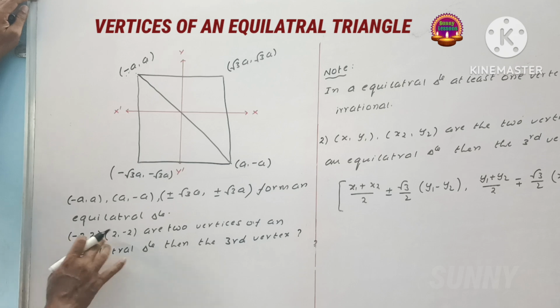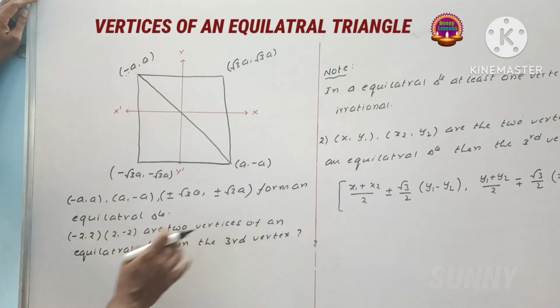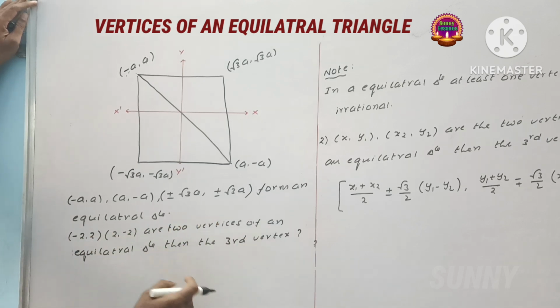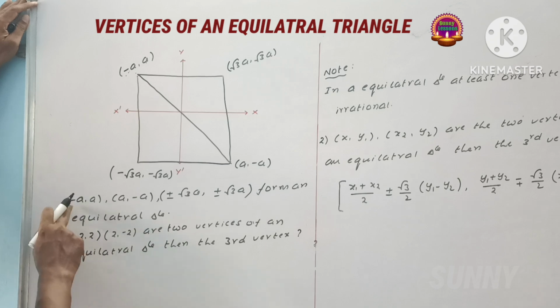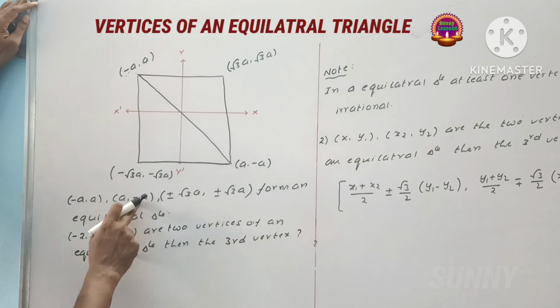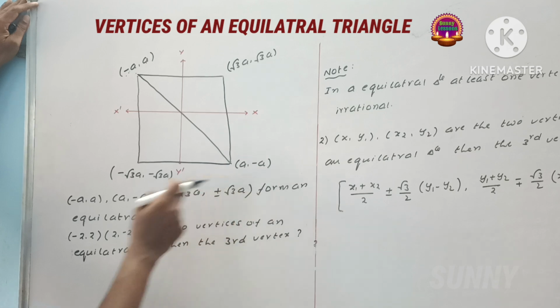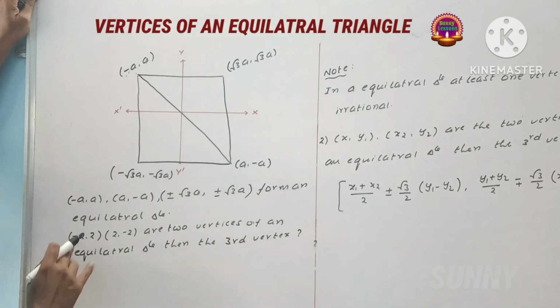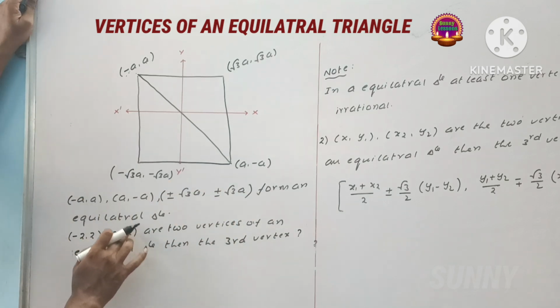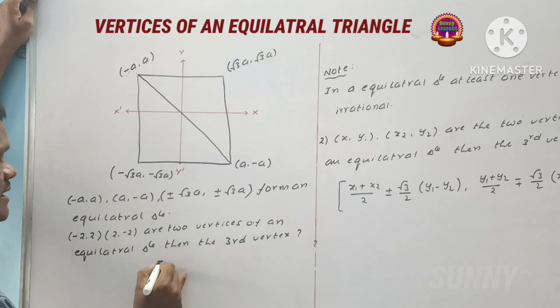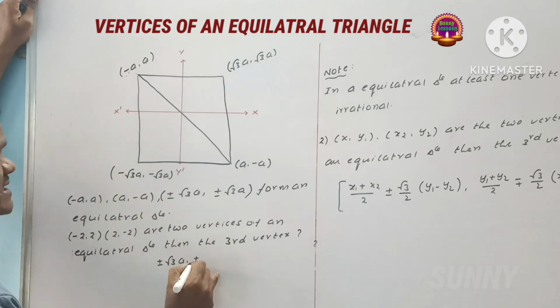If (-2, 2) and (2, -2) are two vertices of an equilateral triangle, then the third vertex is (plus or minus root 3 a, plus or minus root 3 a).